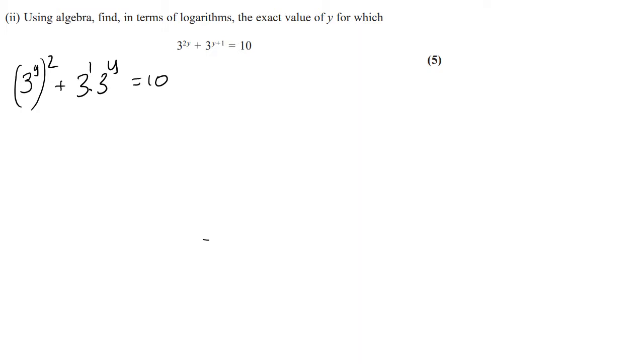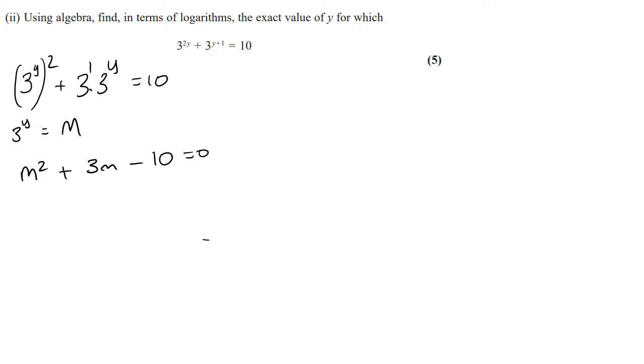So what we could do for this one is substitute another letter. As long as you don't use y, it doesn't make any difference. So I'm going to say that 3 to the power of y is equal to m. So now we have m squared plus 3m minus 10 equal to 0. If we're using quadratics, they must equal 0, so I brought the 10 across.